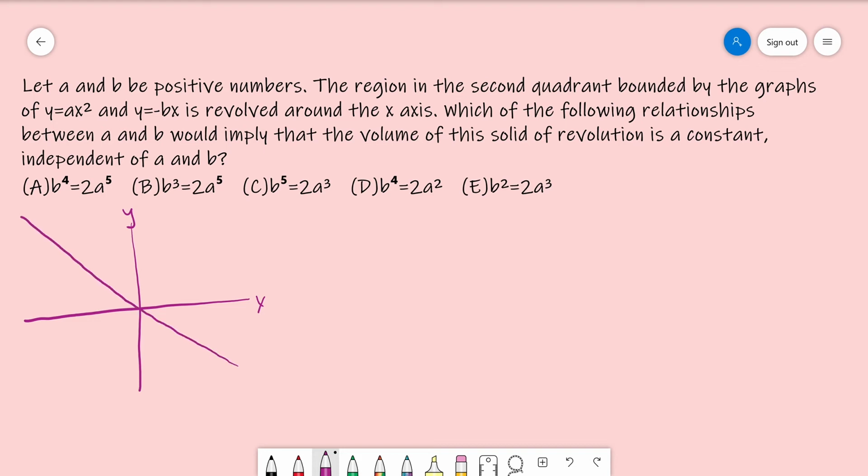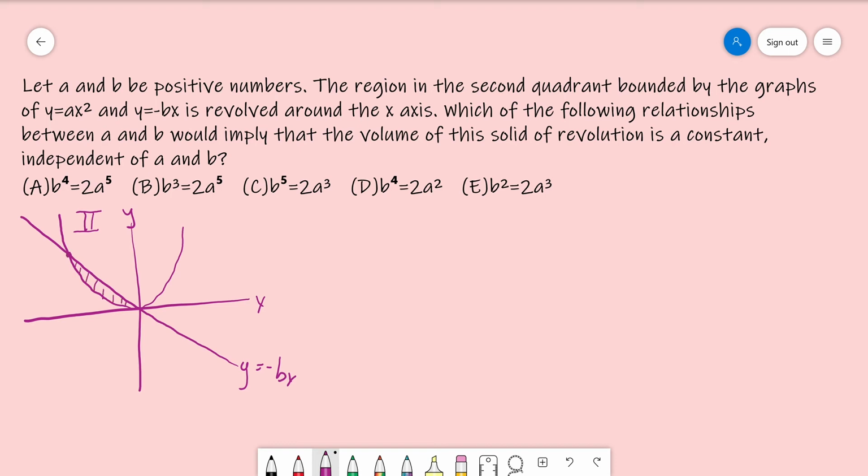It's going to look something like that. Okay, this is y equals negative bx. And y equals ax squared, that's a parabola. Let's draw something like that. Okay, and remember this is the second quadrant over here. So this is the area that we're interested in.